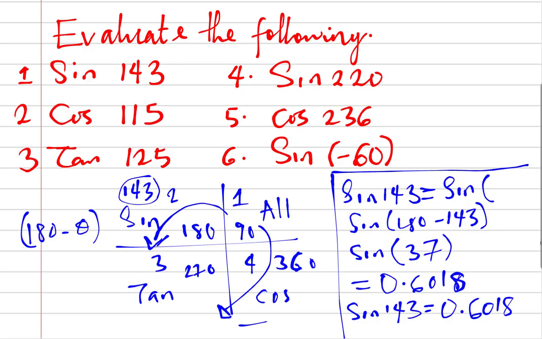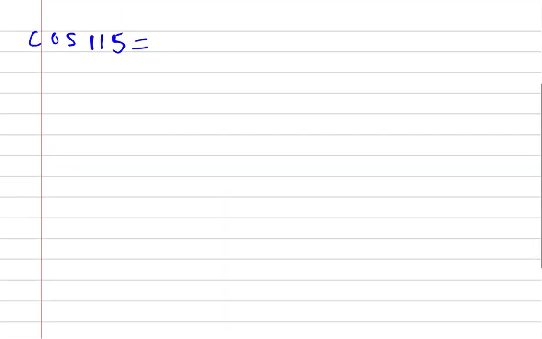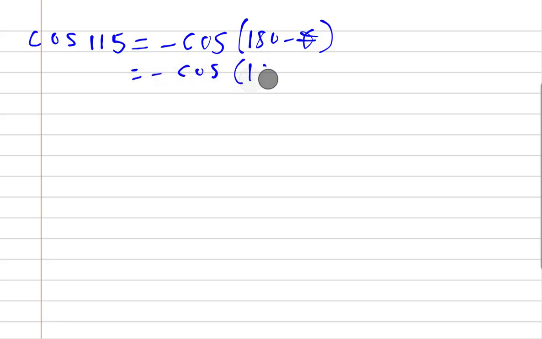So that means here you are going to have minus cos, open bracket, 180 minus theta, because cos is negative in the second quadrant. So this now gives us minus cos, open bracket, 180 minus 115.